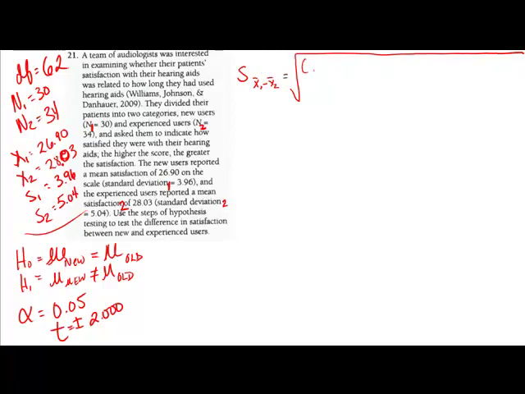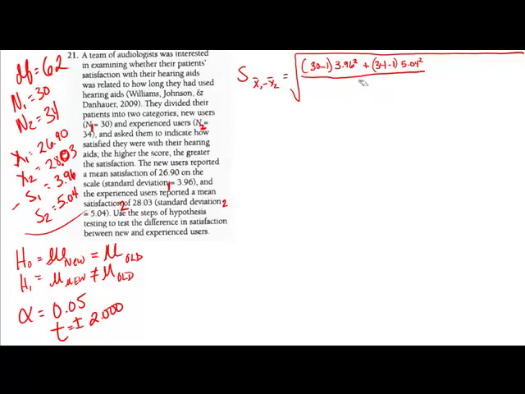So I take the square root of N1, which is 30, minus 1 times S1 squared plus N2 minus 1, N2 was 34, times S2 squared, 5.04 squared.